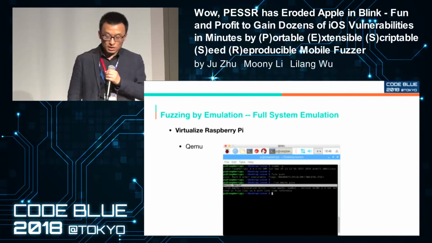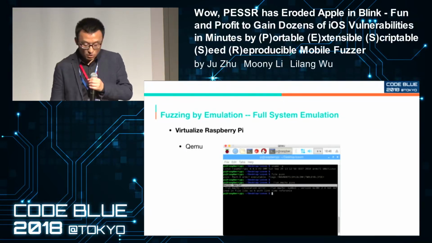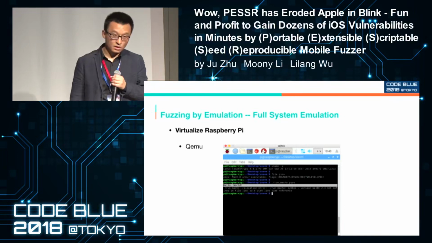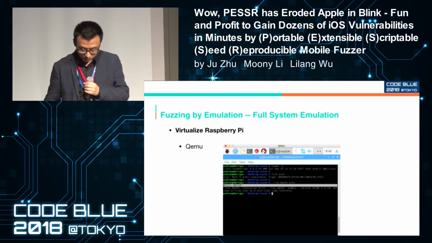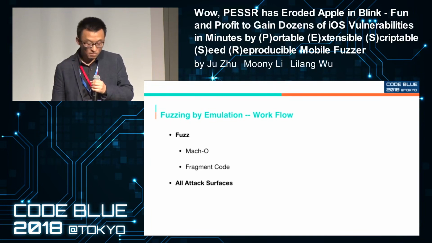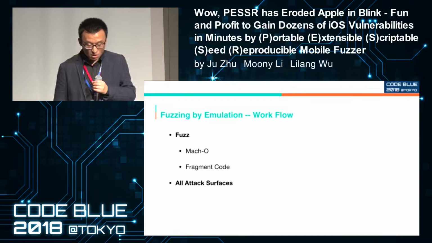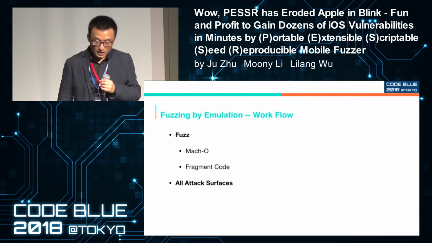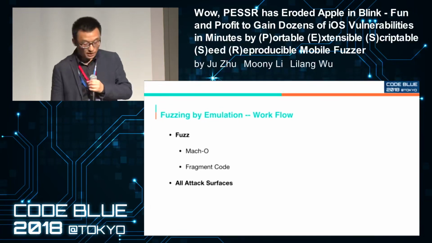In fact, we only need to realize the Raspberry Pi for full system emulation by QEMU. This is a quick and easy way. With this system, we can further mature the fuzzing, even with some fragment code, which becomes easy. Any iOS XPC service can run independently under our Darling Pi and expose its attack surface.